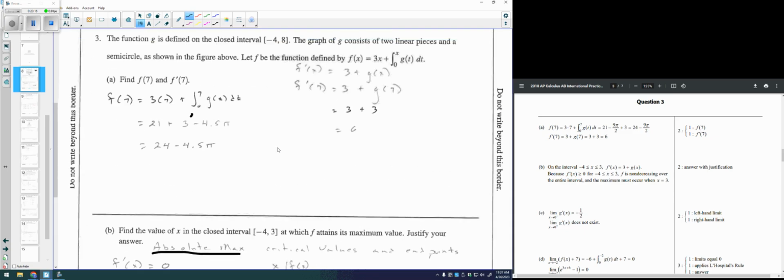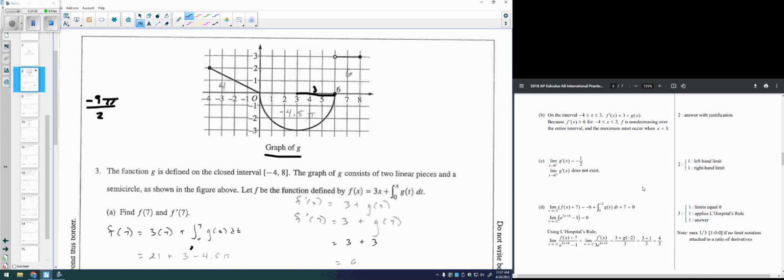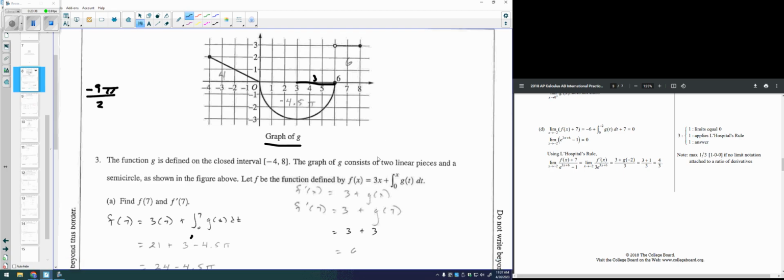They said, since this graph is strictly, I'll just scroll over to it so you can read it. Because f of x over that interval, f is a non-decreasing function over the entire interval. Okay, it's always positive. Therefore, the function has a maximum at the endpoint.